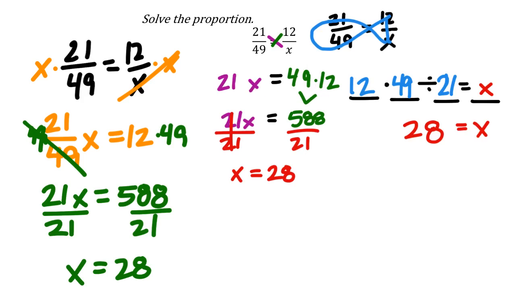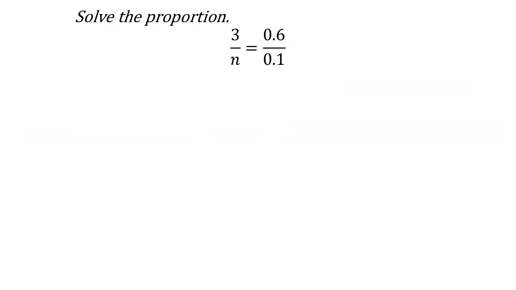So you may notice the relationship between these 3 methods. But again, I don't care which method you use, just hopefully you feel more comfortable with one than the others, and that's the one you should use. We've looked at 4 different methods, and all 4 would work on this one. But we'll let you guys decide, all right?